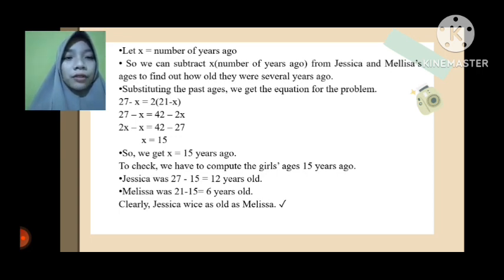To check, we compute the girls' ages 15 years ago. Jessica was 27 minus 15, equal to 12 years old, and Melissa was 21 minus 15, equal to 6 years old. Clearly, Jessica was twice as old as Melissa.